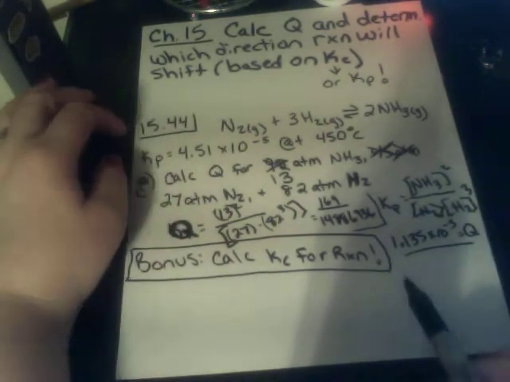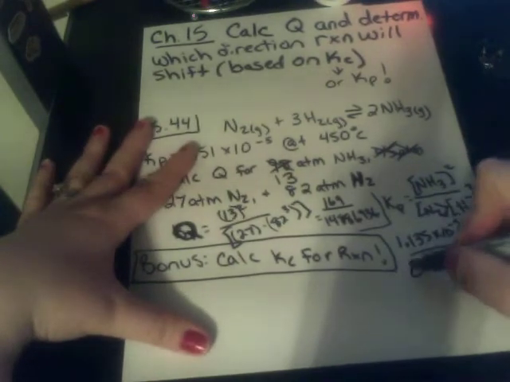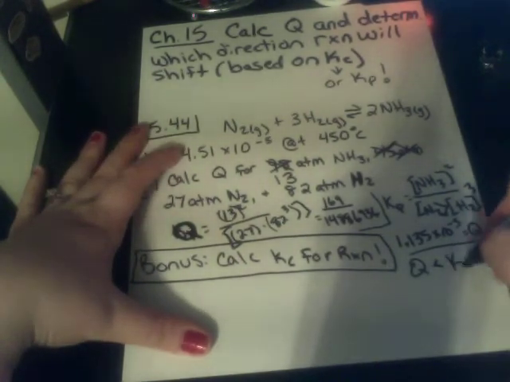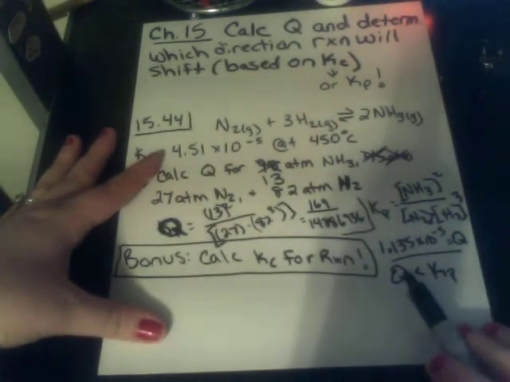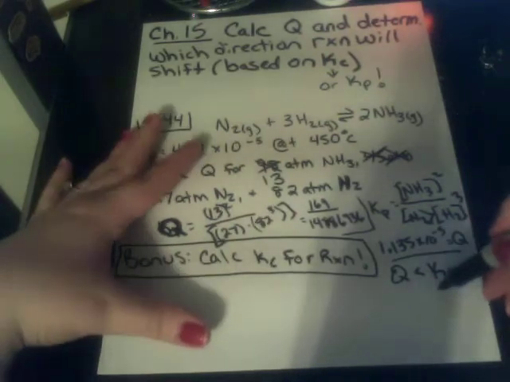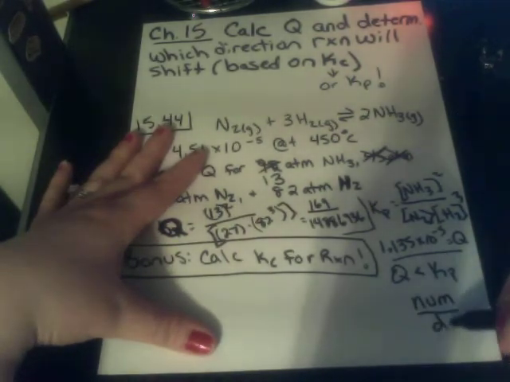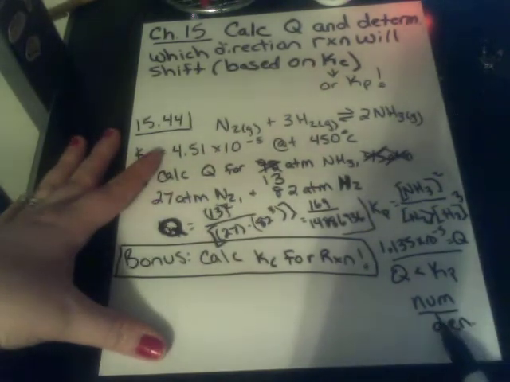So let's compare that to the K sub P. The Q in this case is smaller than the K, right? So our Q is too small. When you look at a fraction, you have your numerator and you have your denominator. If something is too small, which is too big?